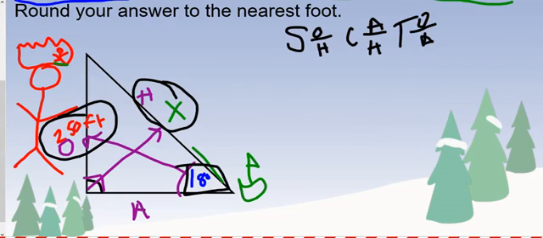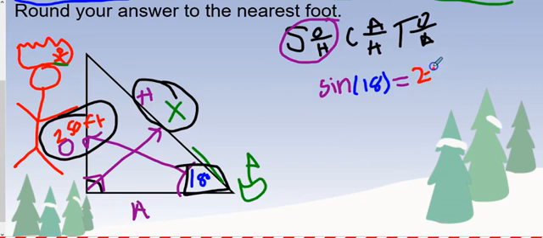Okay, so we have got O and H, which is the sine function. So sine of our angle equals our O, which was 250, over our X, because that was our H value.